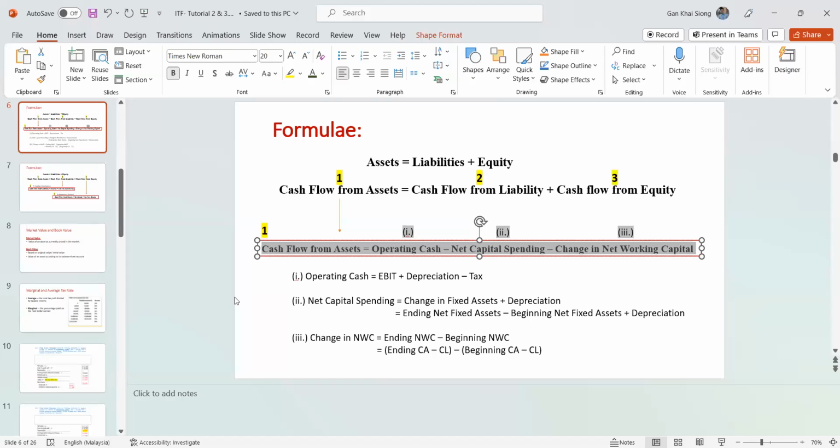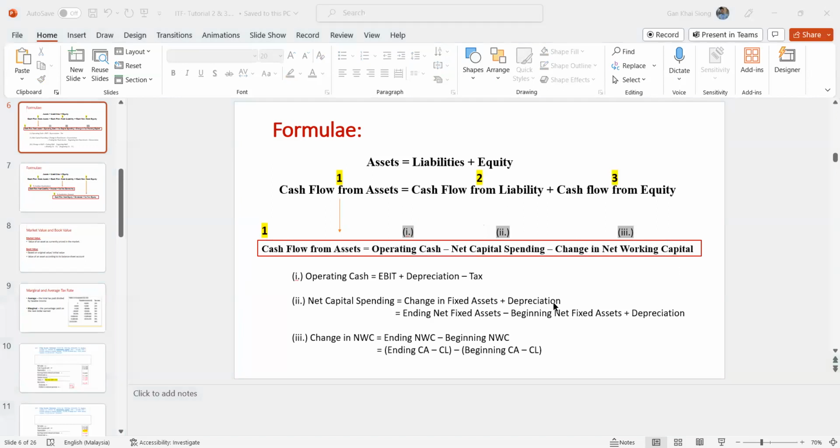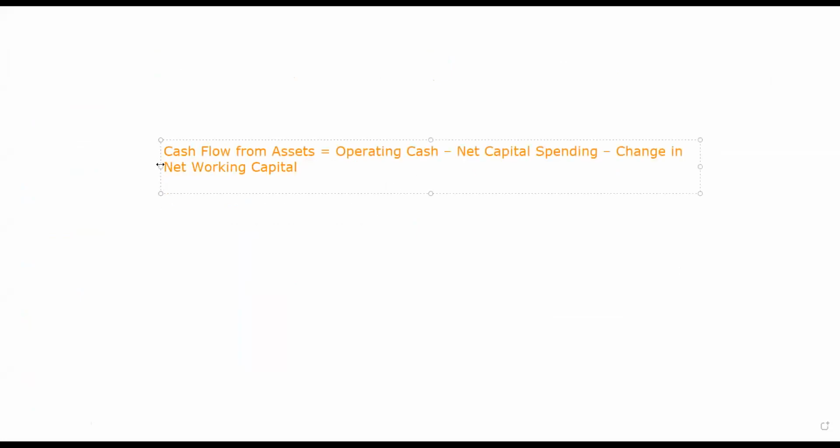First of all, we are going to use this formula. Let's do it on the whiteboard. This is the formula that we must use because we want to calculate the change in net working capital.